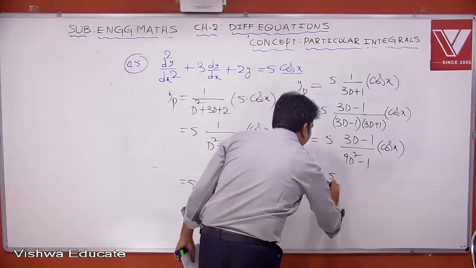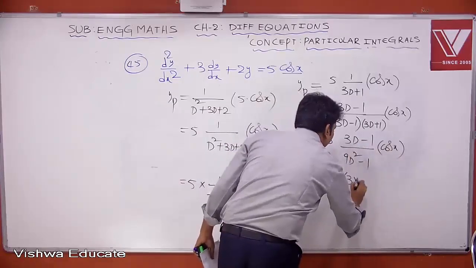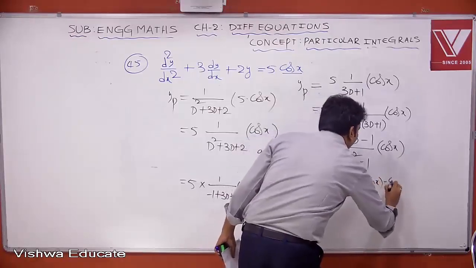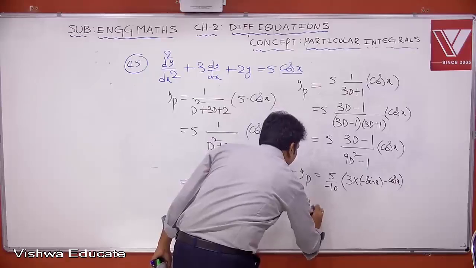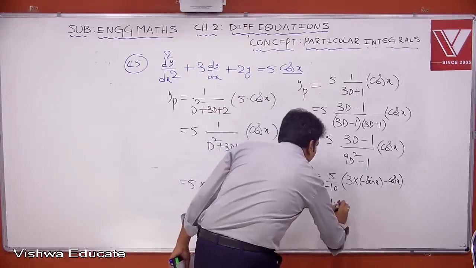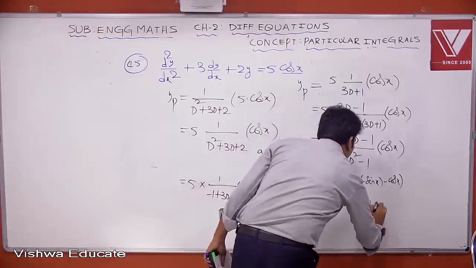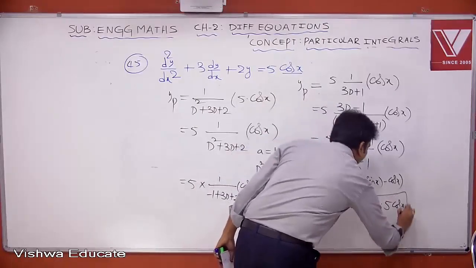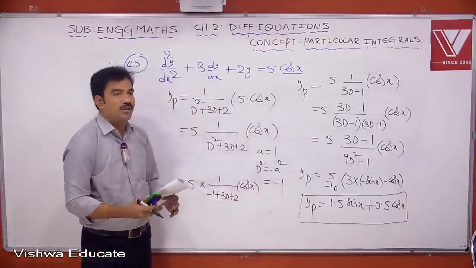So 5 by minus 10 into 3 times the derivative of cos x, minus sin x, minus cos x. Therefore yp equals 1.5 into sin x plus 0.5 into cos x. So this is my particular integral, 1.5 sin x plus 0.5 cos x.